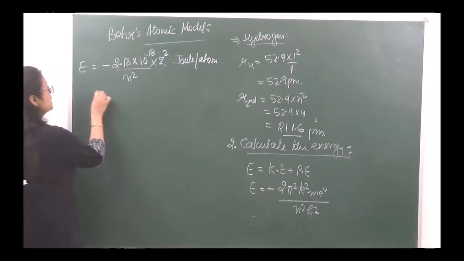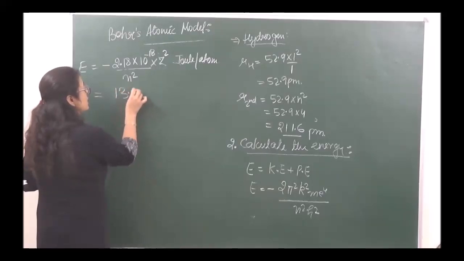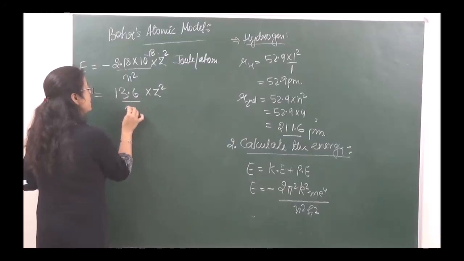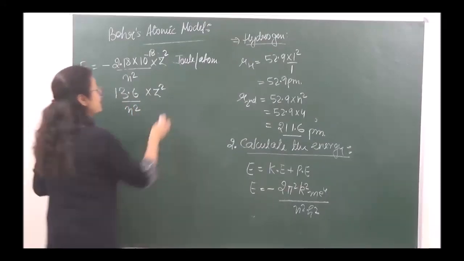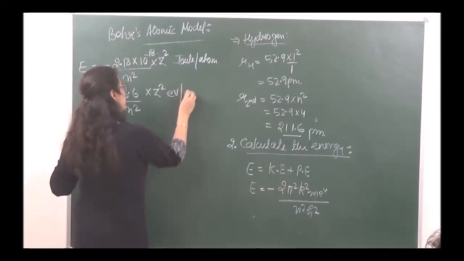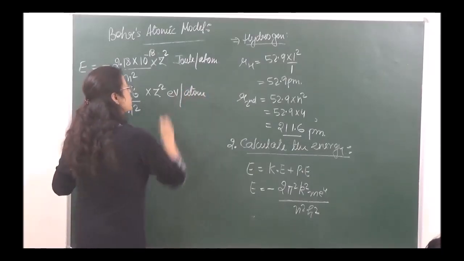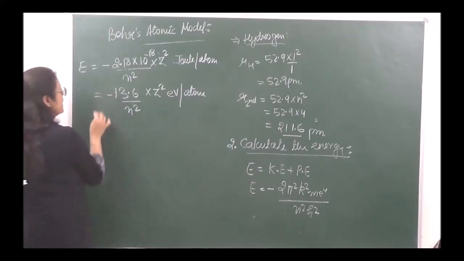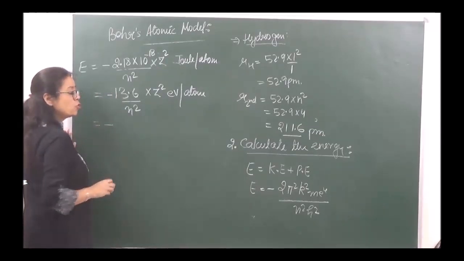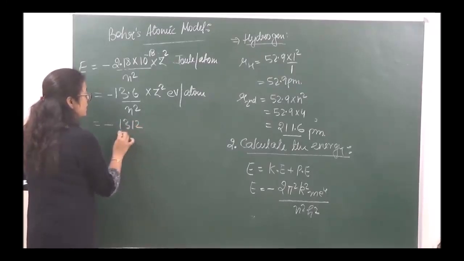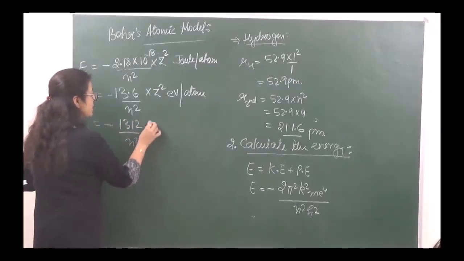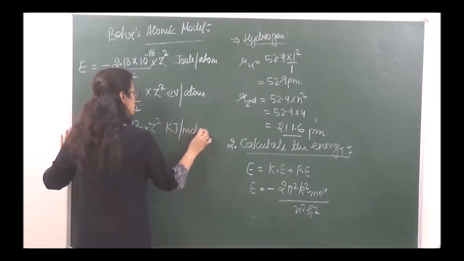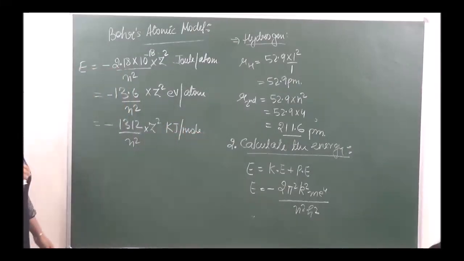If it is taken in electron volt, then it is 13.6 into z square upon n square electron volt per atom. And if we have to calculate in kilojoules, then it is 1312 upon n square into z square kilojoules per mole.